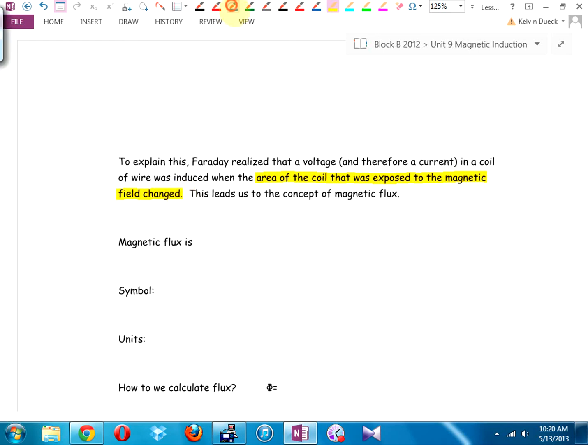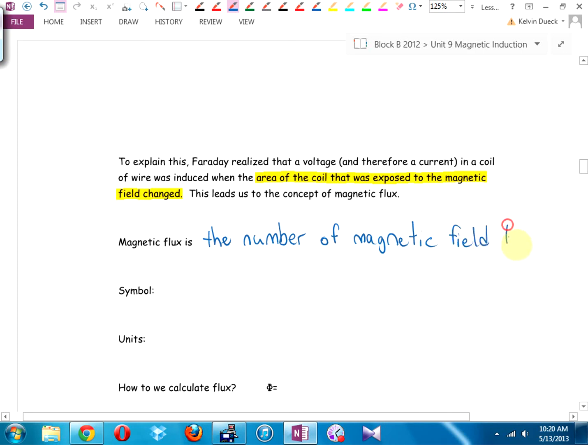This brings us to the concept of magnetic flux. What's magnetic flux? I'm going to give you Faraday's English definition first. He said, magnetic flux is the number of magnetic field lines passing through an area.